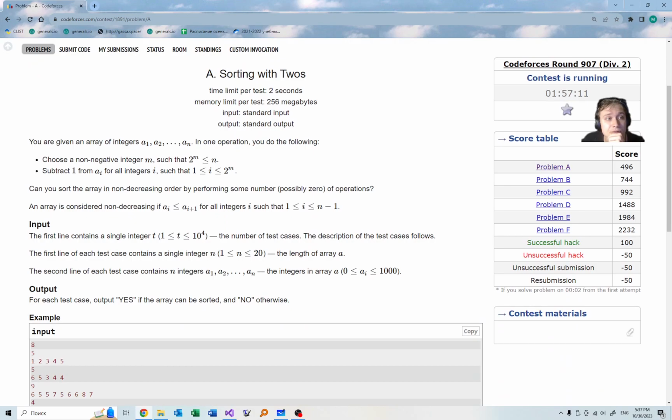Sorting with twos. You're given an array of integers.